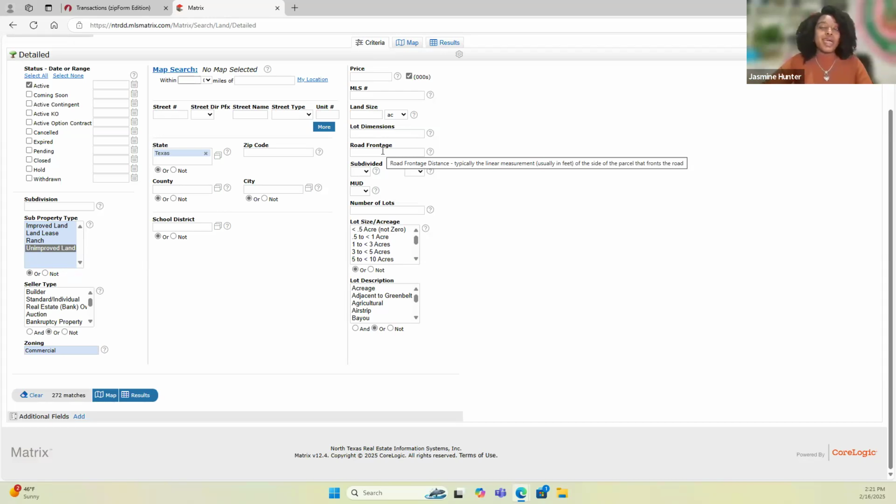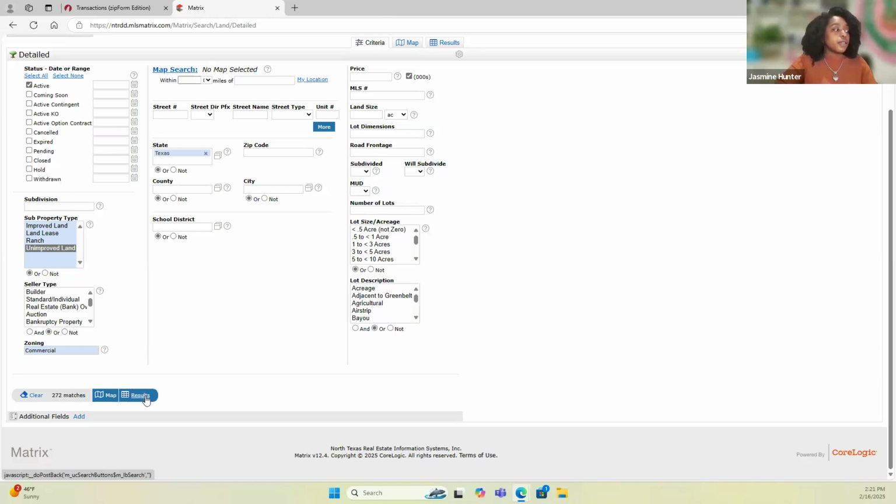You might need something more like 500 to 800 feet of road frontage, because you need multiple water lines if you're doing apartment complexes, if you need multiple fiber optic lines and sewer lines. You might need all that kind of stuff because Walmart has more than one bathroom and more than one stall. So you might need more road frontage. Number of lots, is it a MUD district? Will it subdivide or not? And how big of acreage do you want in a range, right?